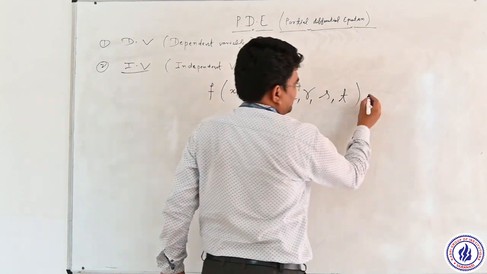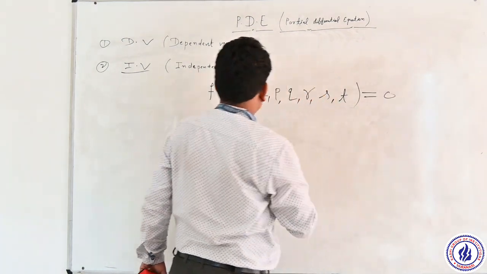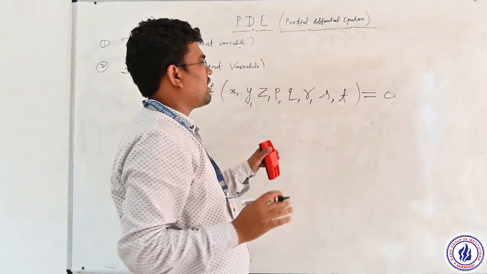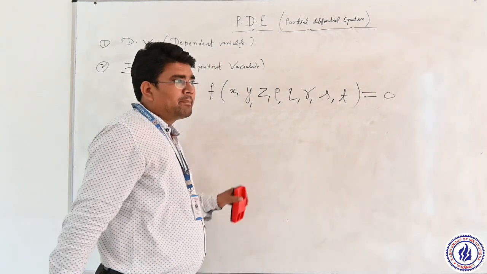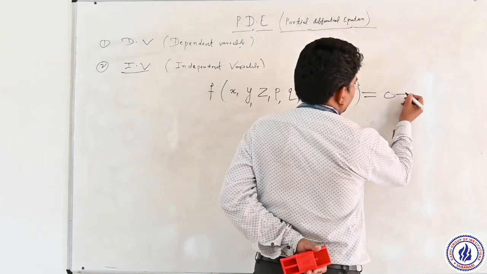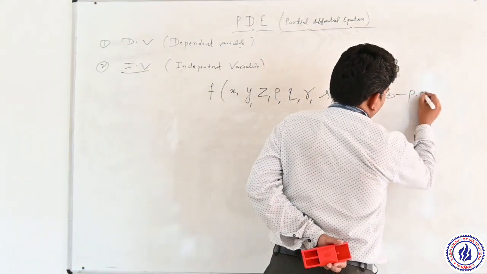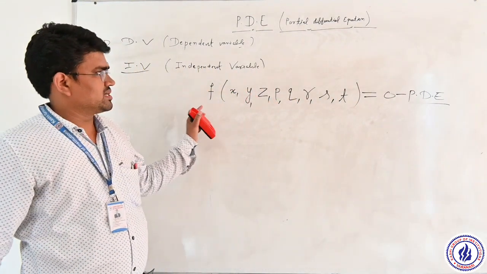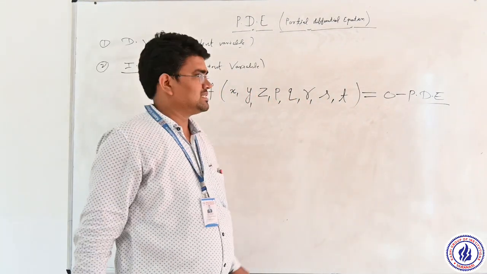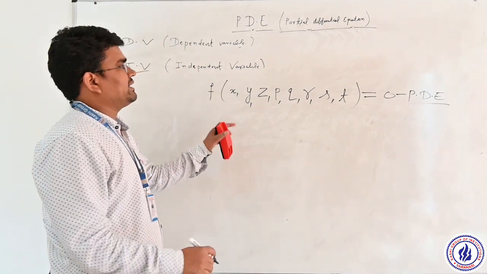Such an equation, in which x, y, z, p, q, r, s, t appear, is called a PDE, partial differential equation.